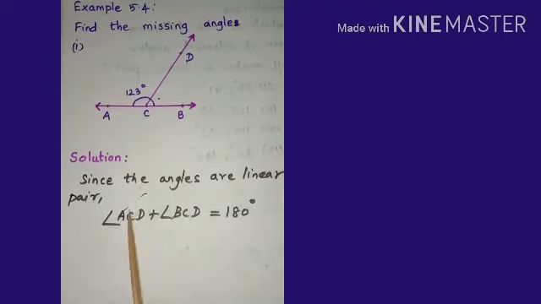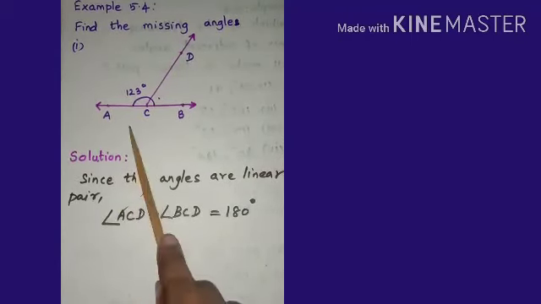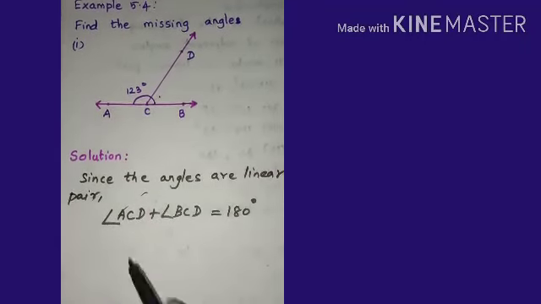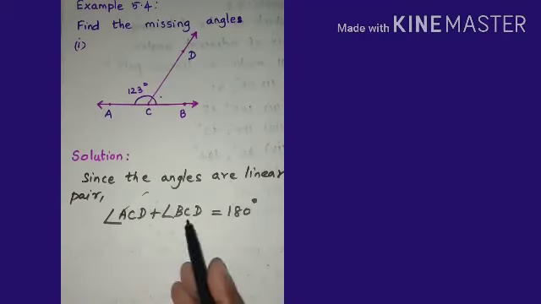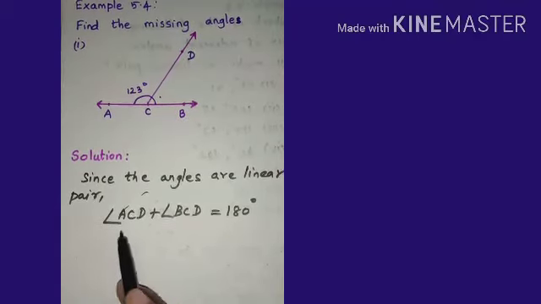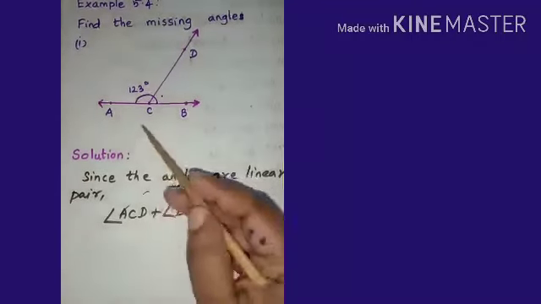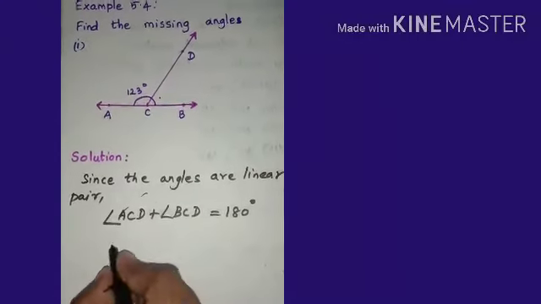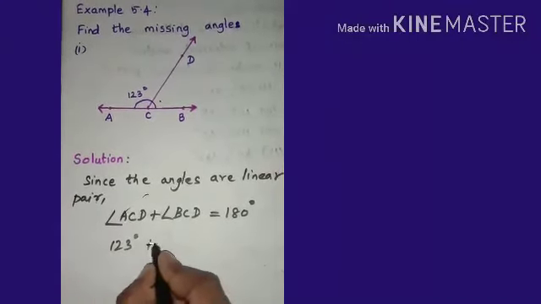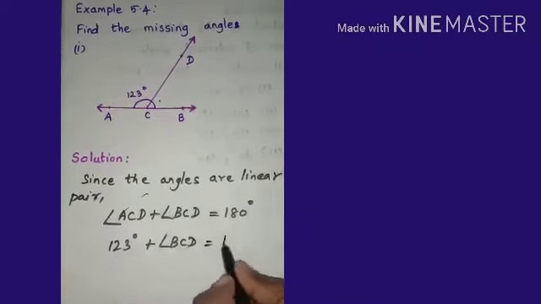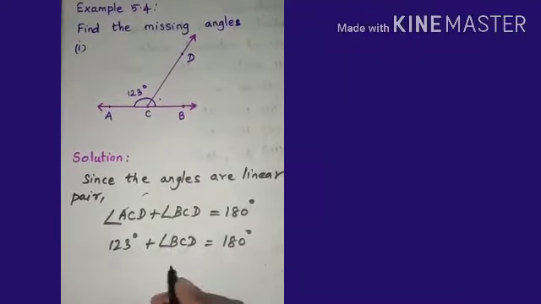Supplementary means the sum of the adjacent angles is equal to 180 degree. So angle ACD plus angle BCD is equal to 180 degree. Angle ACD is 123 degree. So 123 degree plus angle BCD is equal to 180 degree.